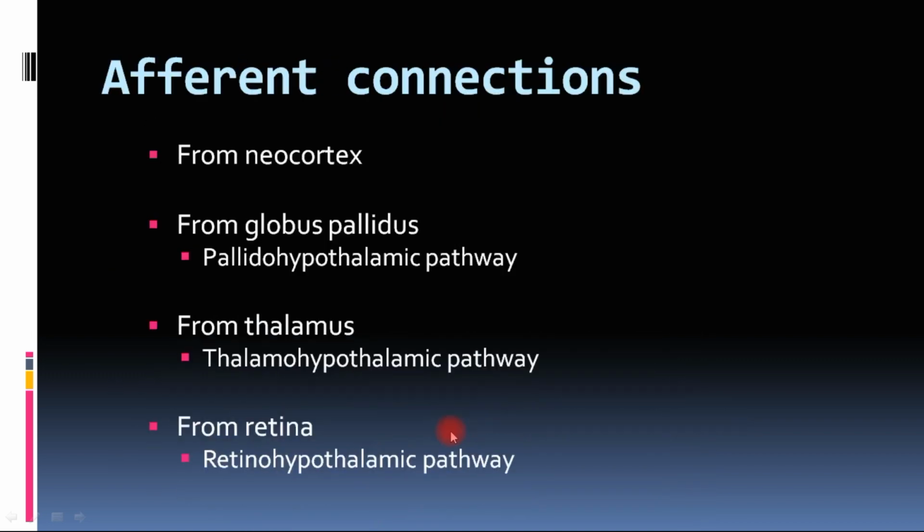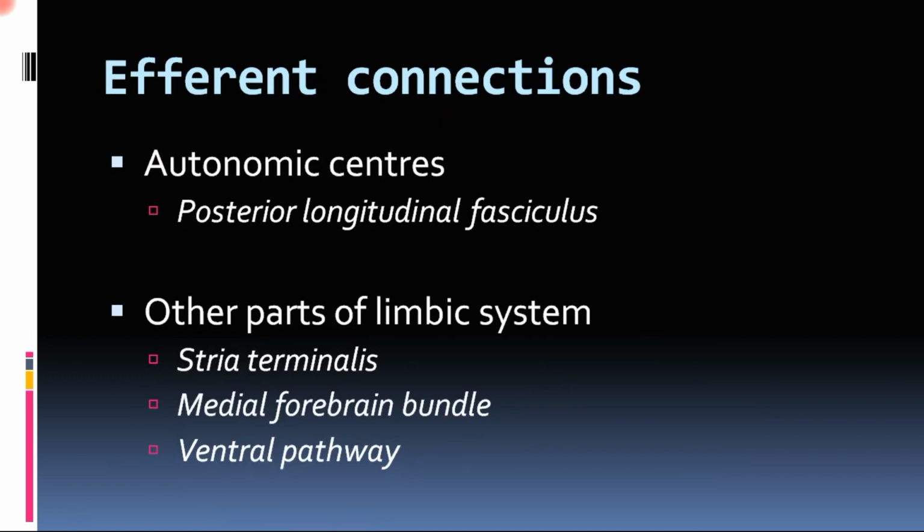What is the function of this posterior or dorsal longitudinal fasciculus? This gives the output to the autonomic centers, which are located especially in the brainstem. From these autonomic centers present in the brainstem and spinal cord arises the sympathetic and parasympathetic outflow.